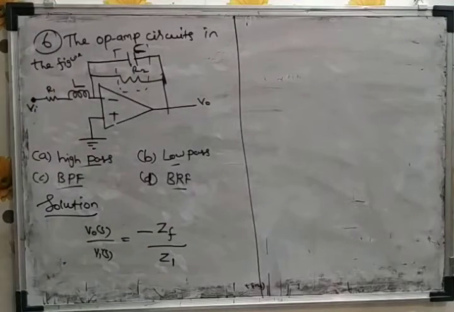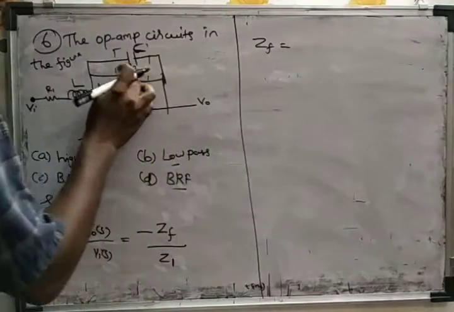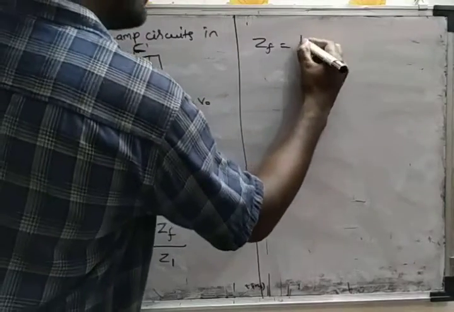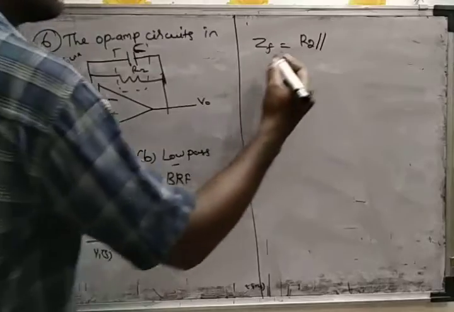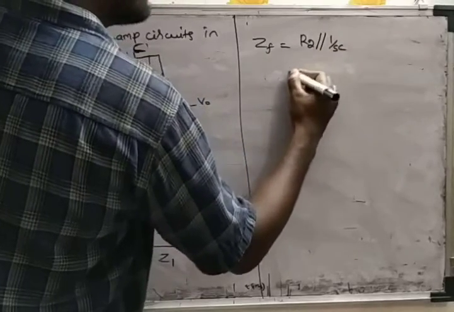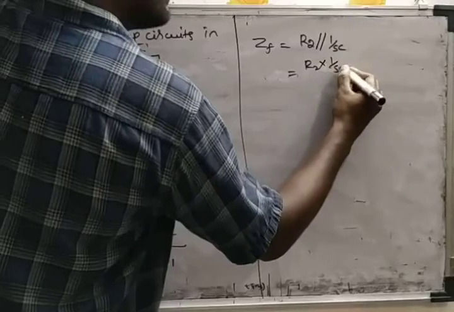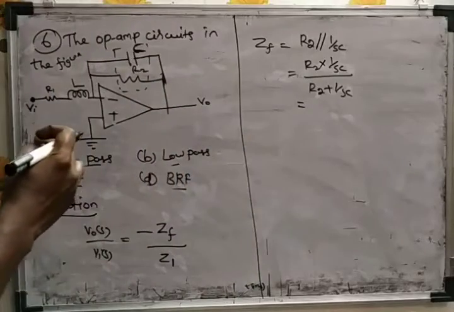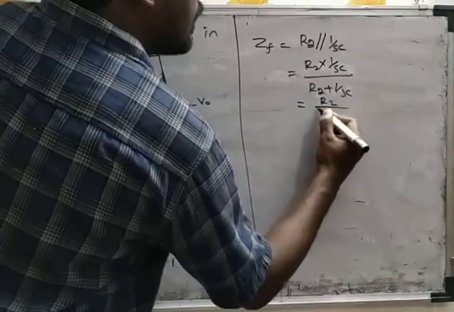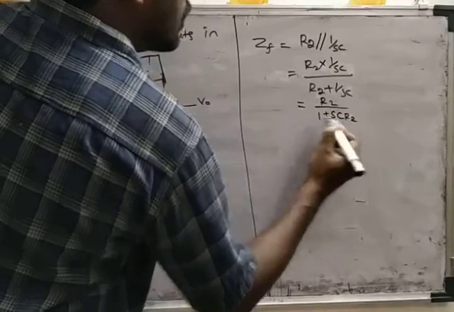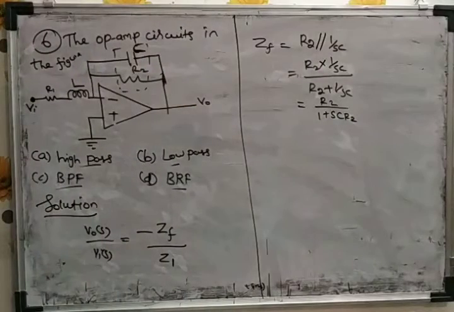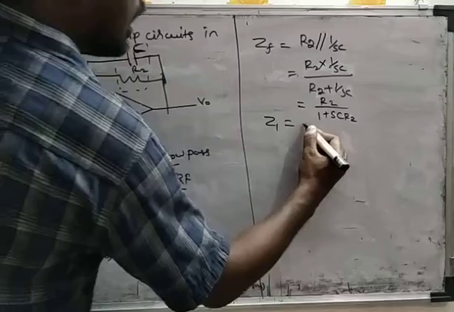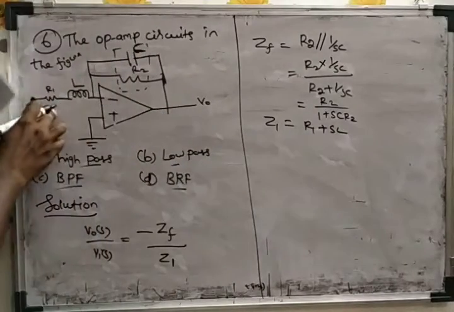So V0(s)/VA(s) equals minus Zf by Z1. We know that Zf is R2 parallel with capacitance C, that is R2 parallel 1/sC, so R2 times 1/sC divided by R2 plus 1/sC, which gives R2 by 1 plus sCR2. And Z1 is R1 plus sL, since it is a series connection.